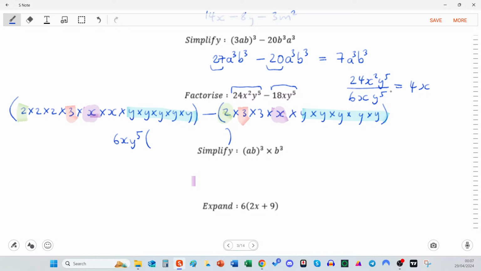And y to the 5 divided by y to the 5 is 1. So 4x. And the next one, 18xy to the 5 divided by what we took out, 6xy to the 5. That leaves us with 18 divided by 6, which is 3. x over x is 1. y to the 5 over y to the 5 is 1 as well. So it's just 3.